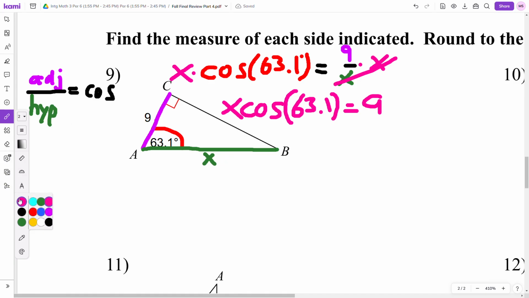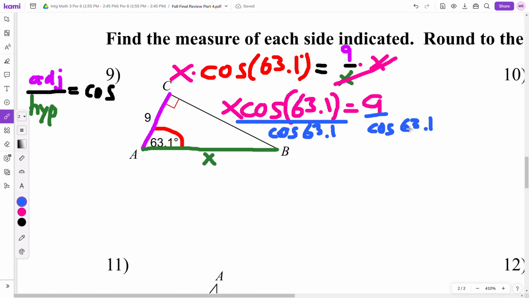And now we're going to divide both sides by the cosine of 63.1 degrees. And what do we get? Well, we get that x equals 9 divided by the cosine of 63.1.